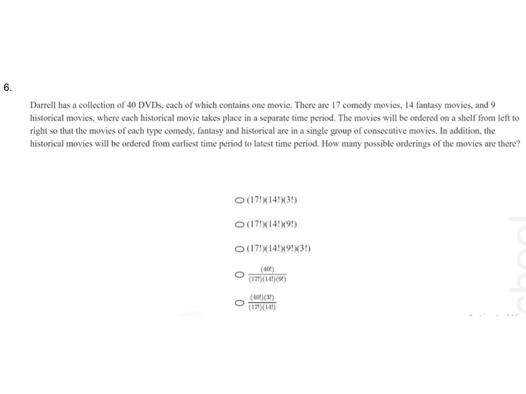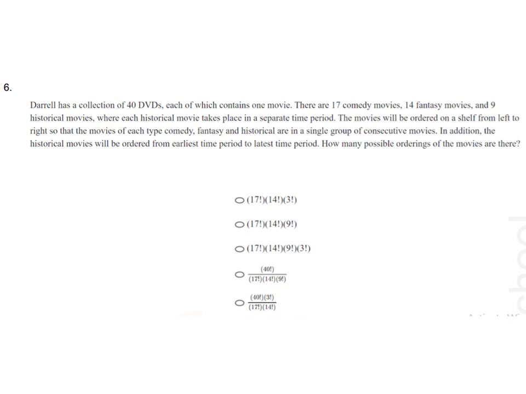We're in the sixth question. Daryl has a collection of 40 DVDs, each of which contains one movie. There are 17 comedy movies, 14 fantasy movies, and 9 historical movies, where each historical movie takes place in a separate time.